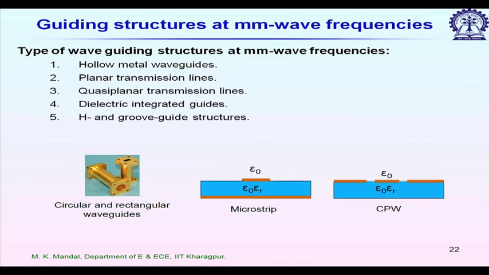At gigahertz or microwave frequencies you might have seen rectangular waveguide in your lab or coaxial cables, but at millimeter wave frequencies coaxial cables and this two wire system or twisted wire we can't use, it becomes very lossy. So, we use typical dielectric material which actually supports this energy propagation, and metals we will be using just to guide this electromagnetic wave, so that this electromagnetic signal is confined inside the dielectric material.